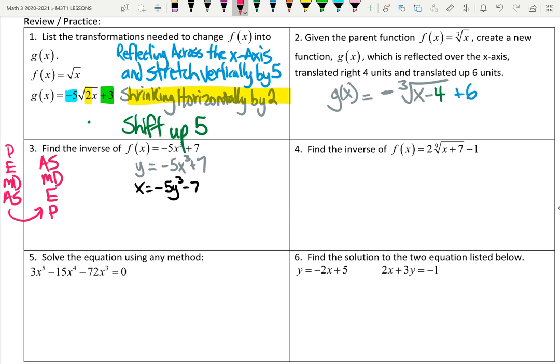So add and subtract first. I'll add 7. This is going to lead me to have x plus 7, which is equal to negative 5 y to the 3rd. I'm going to then divide each side by negative 5.